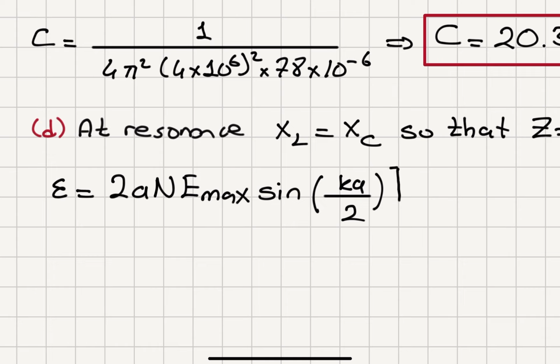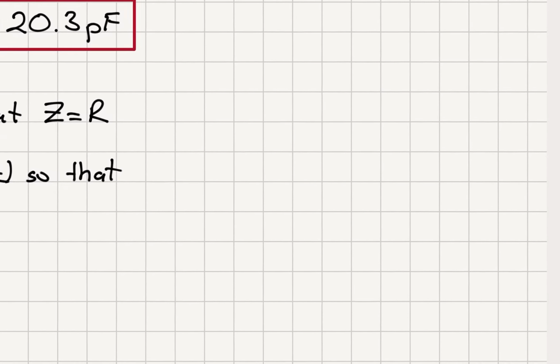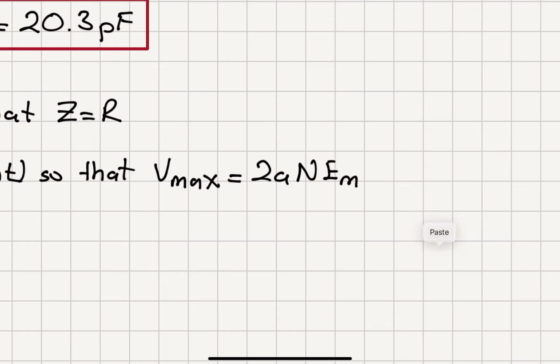That's the amplitude. And then we have sine omega t. So we can read from this the maximum voltage, the amplitude of the induced EMF, V max, is equal to 2A capital N, the maximum electric field, sine Ka over 2.